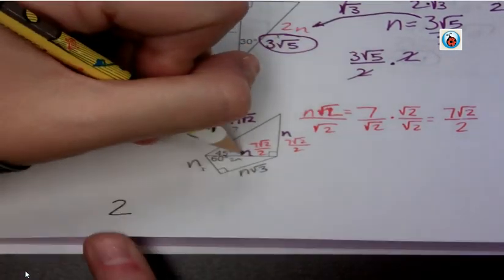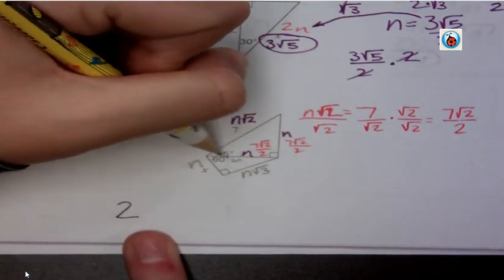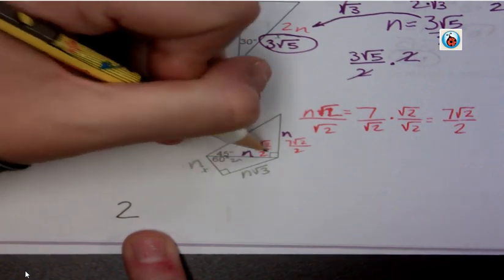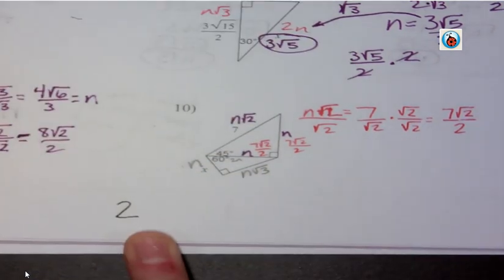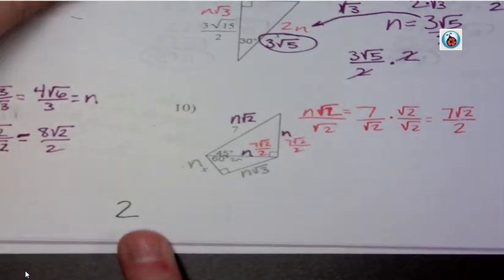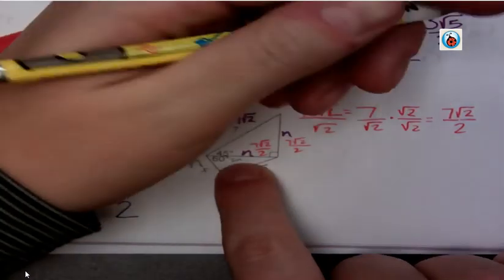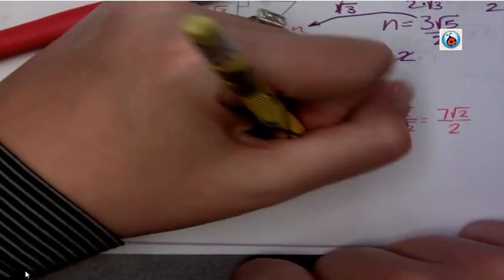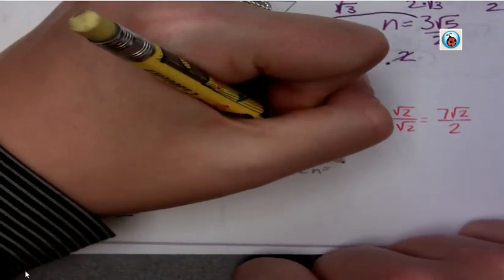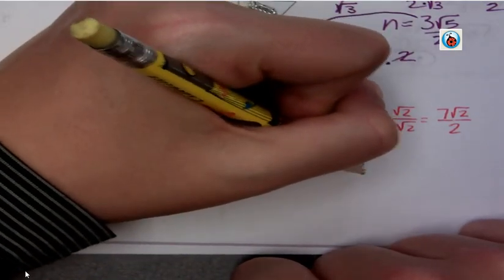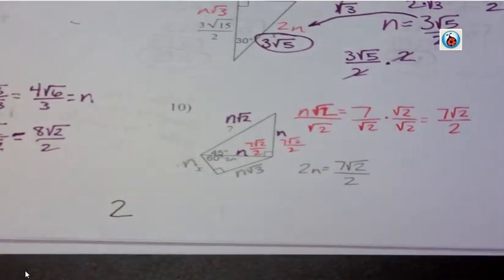Okay, now, like I said before, for this leg of the 30, 60, 90 triangle, your n is equal to 7 root 2 over 2. But we're acting like that is not there. So if we cover up this top triangle, now our 2n is equal to 7 root 2 over 2.